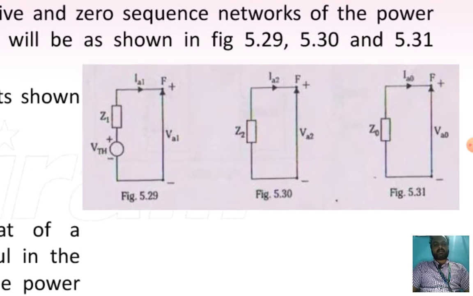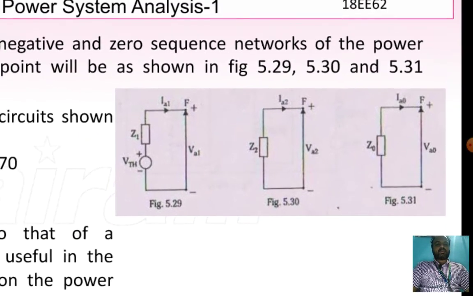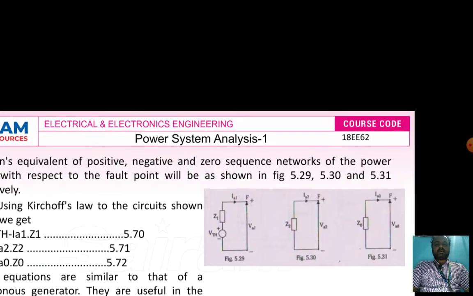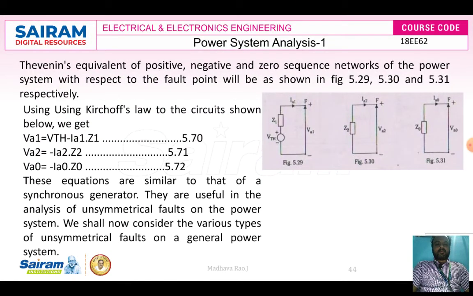So these networks we will use to calculate the VA1 positive sequence voltage, negative sequence voltage and zero sequence voltage, that is VA1, VA2, VA0, using the Kirchhoff voltage law. Using Kirchhoff voltage law, here we will find out the positive, negative, zero sequence voltages.